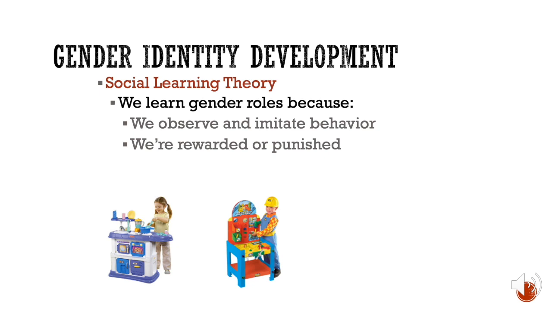We start separating kids out in early school, and we have boys line up in one line and girls line up in another. And then as people age, we even have those expectations. We expect men to be CEOs and CFOs, and we expect women to be teachers and nurses. And when people deviate from that, we often don't respond well to it.